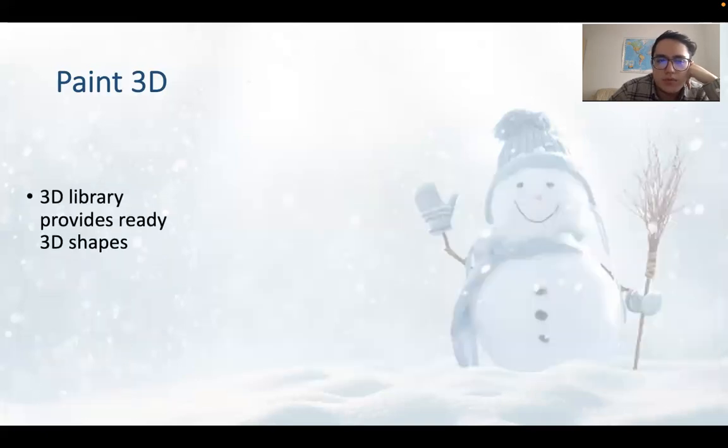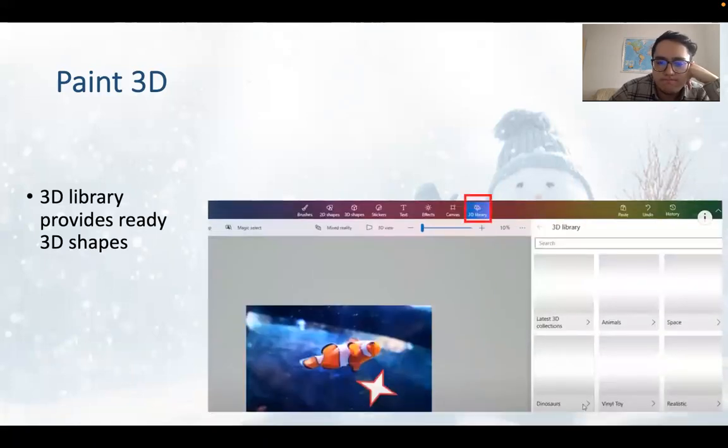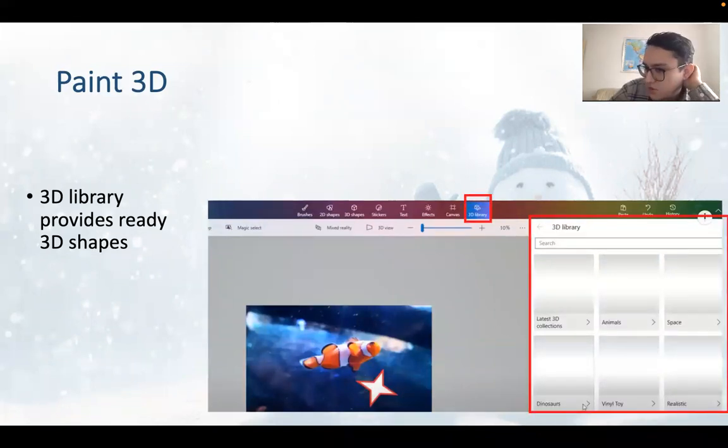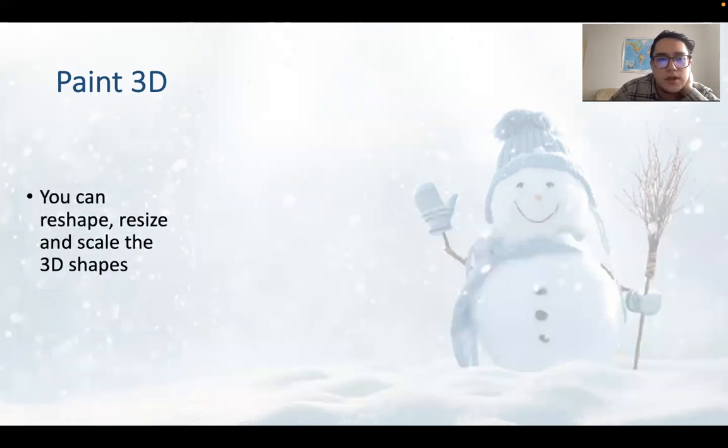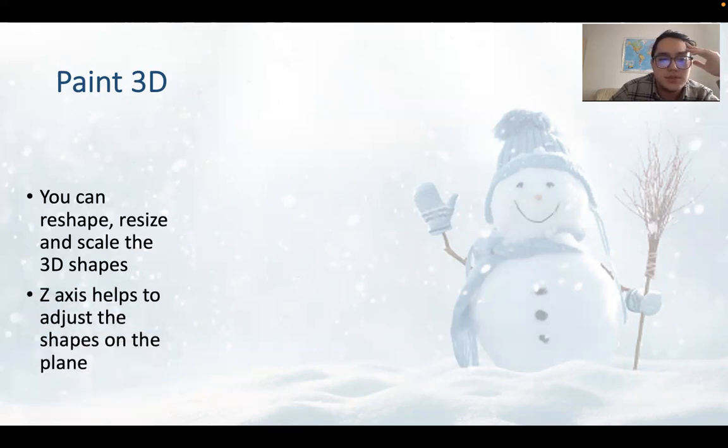The 3D library provides ready 3D shapes. So you go to the 3D library and you have this vast majority of options that you can use, and they are all 3D shapes. You can reshape, resize, and scale the 3D shapes.